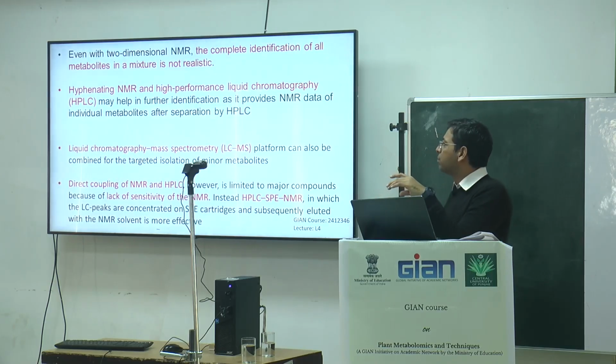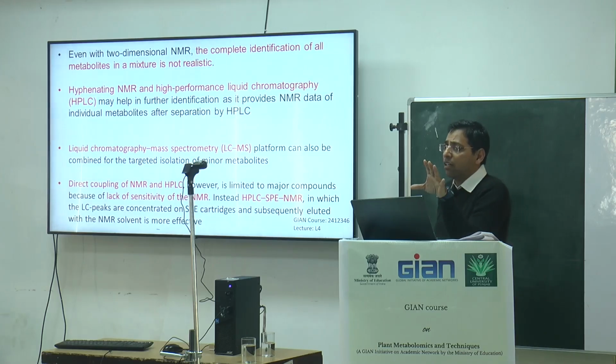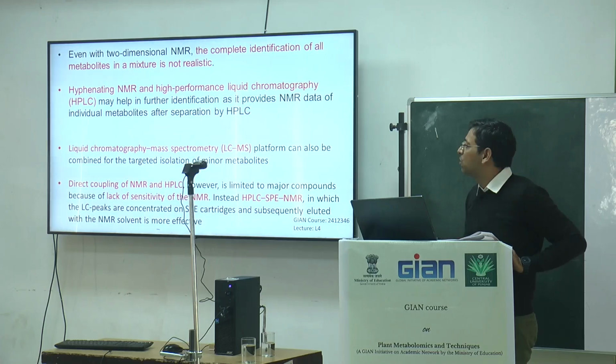Now I am coming to the two-dimensional approach. If you think that you are accurately identifying the compound in a mixture, this is not too realistic. You have to face a lot of challenges, and you still have to do a lot of work here to identify the exact, precise metabolites present in that particular spectrum.